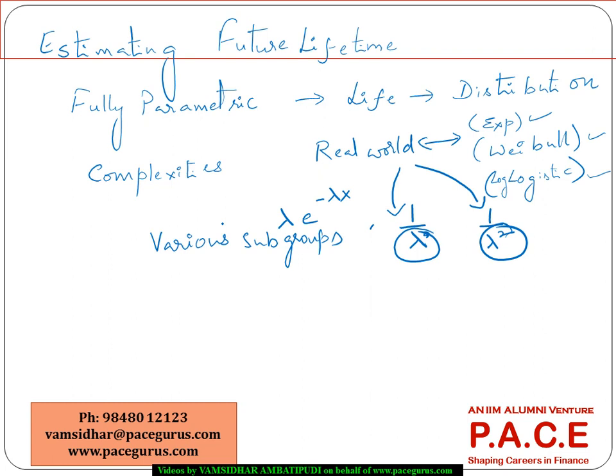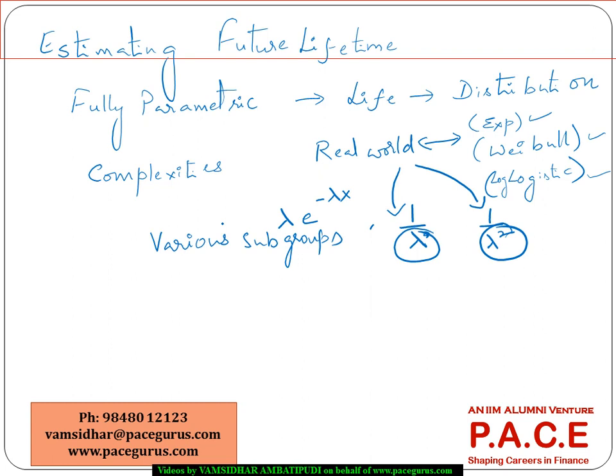The differences in risk characteristics add to the uncertainty associated with the prediction of the survival function. That is where fully parametric models have a lot of limitations when estimating the survival function.